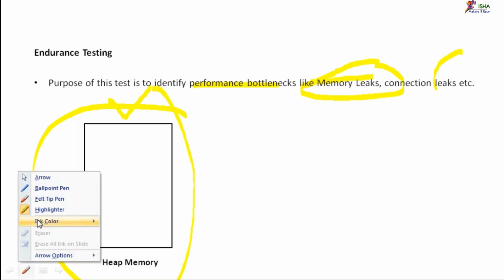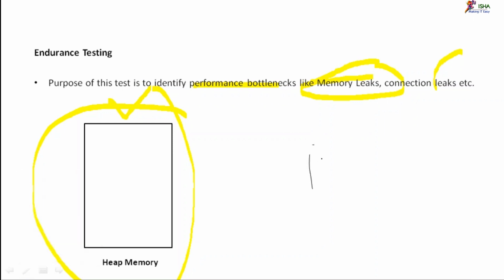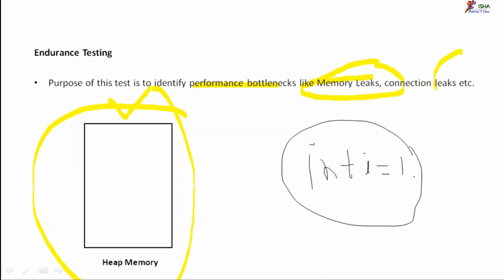Let's say you have declared a variable: int I is equal to 1. This is the declaration you have done. We know how to declare and how to initialize. In the small program that you have written, you have declared int I is equal to 1. Now, my server or the computer has to run this program.